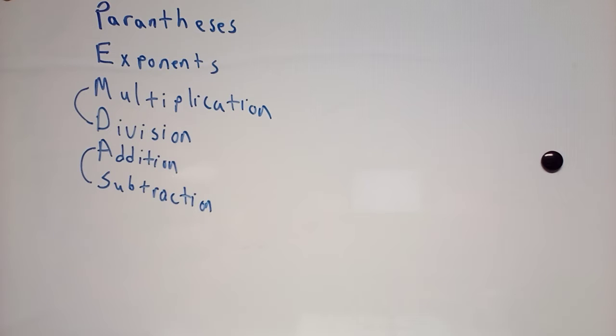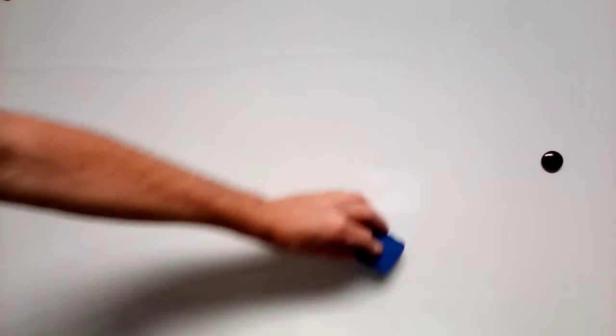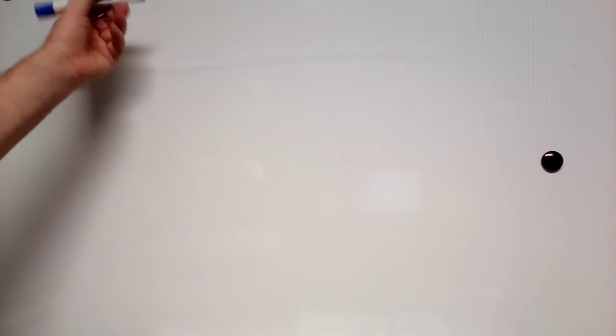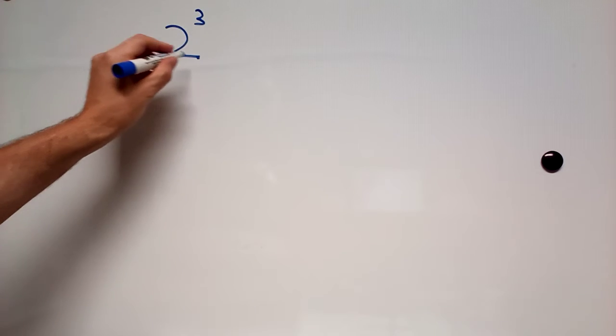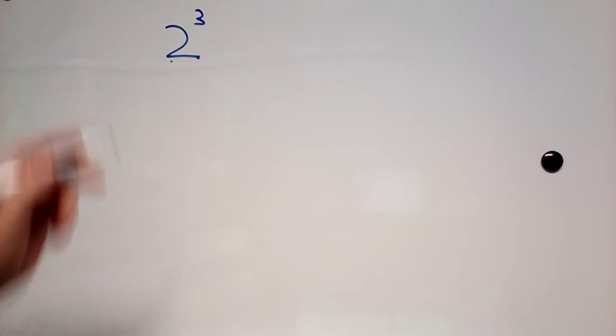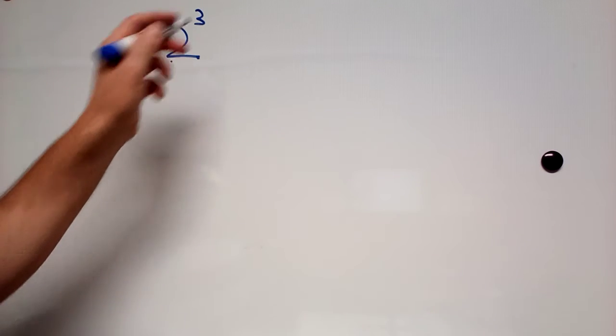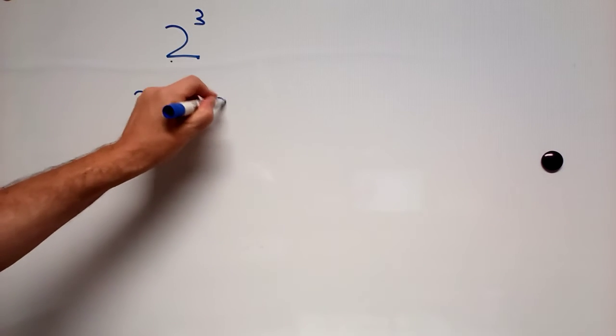The next thing I want to touch on very quickly to review will be exponents. As you know, exponents work with variables the same way they do with real numbers. If we have a 2 and we have a 3, this is our base, this is our exponent, and that's 2 to the third power, or in this case we could say 2 cubed, which basically means 2 times 2 times 2.